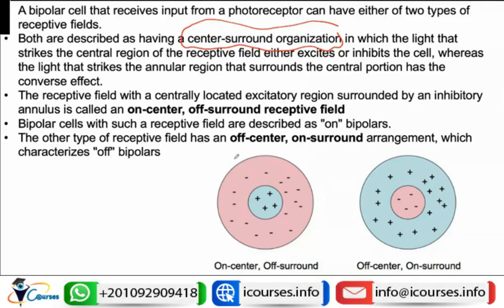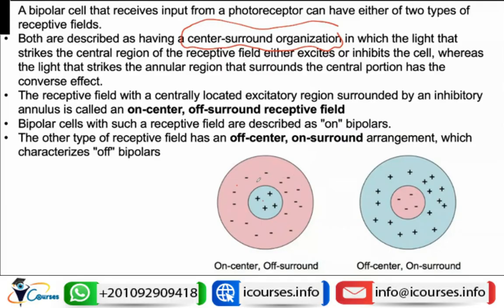The bipolar cells will form what is called the receptive field, which has a center and a periphery. Sometimes the center can be excitatory, meaning that stimulation of the center will cause stimulation of the bipolar cells, and it will have an off surround, or an inhibitory surround.